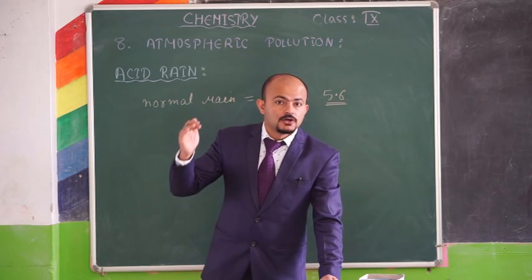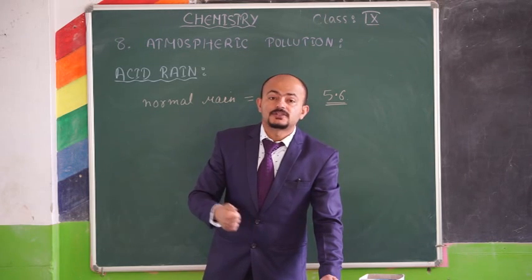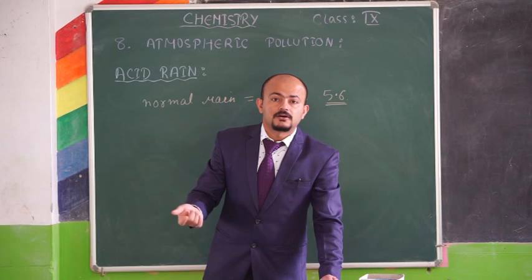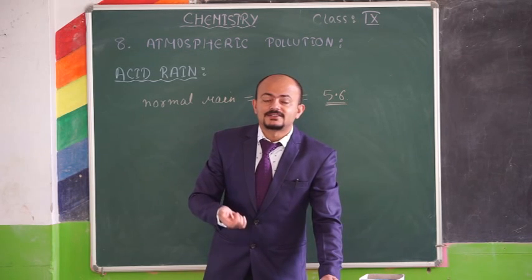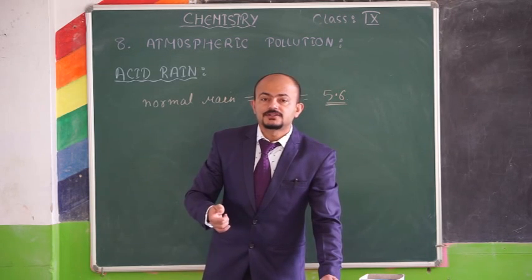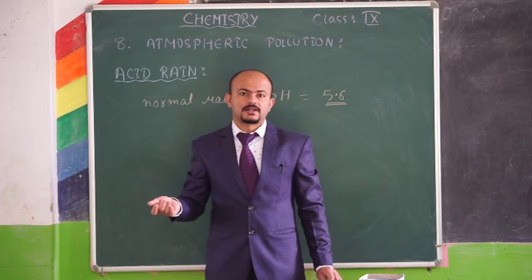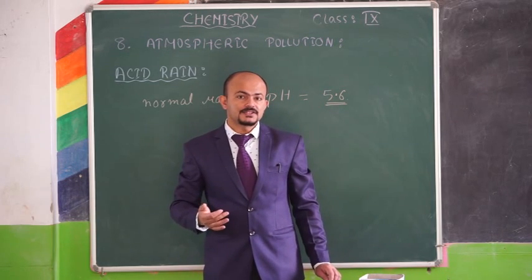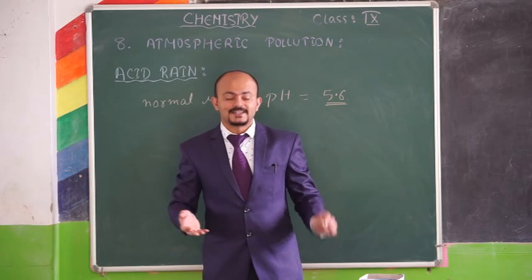Now whenever you have lower pH value than 5.6, then those rainfall, or those precipitations are called as what? Acid rain. Now sometimes the pH can go as low as even to 2. Now lower the value of pH, they will be more acidic and they will cause much more damage.